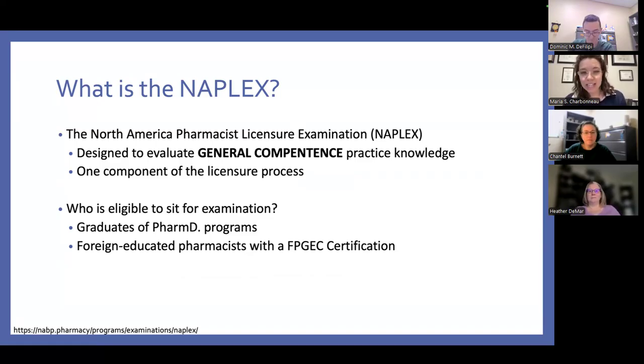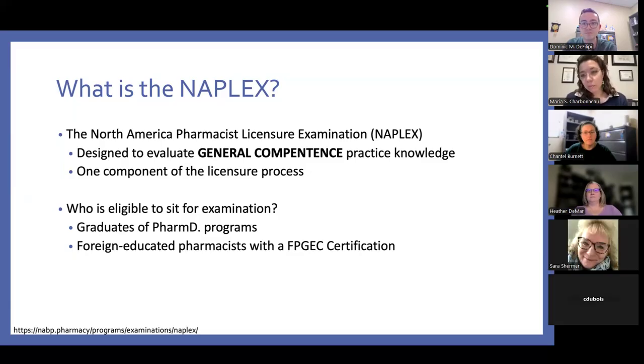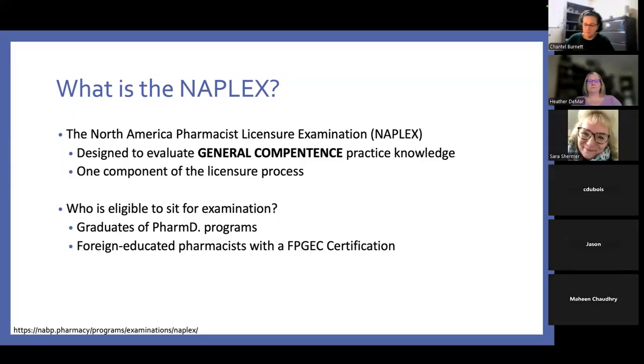I highlighted that because there's some debate as to what general competence means. But what the NAPLEX is saying is that we are testing for entry level. Is it safe for these candidates, these graduates, to practice at a general competence level?